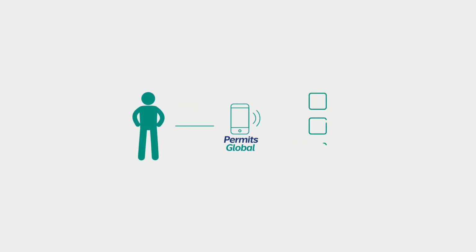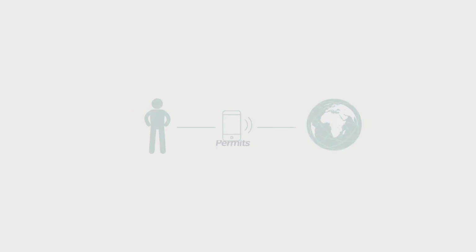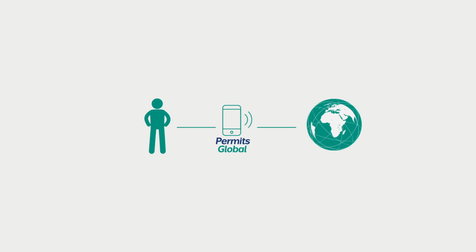The main reason users love using the PermitsGlobal application is the reliability and efficiency of obtaining flight permits, receiving status updates on a regular basis, and the attention to detail that the app affords. The process is seamless, and there is no need for emails or phone calls.